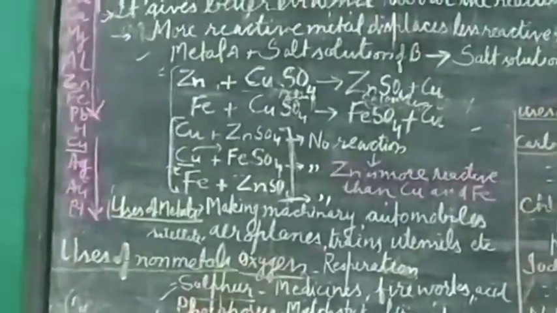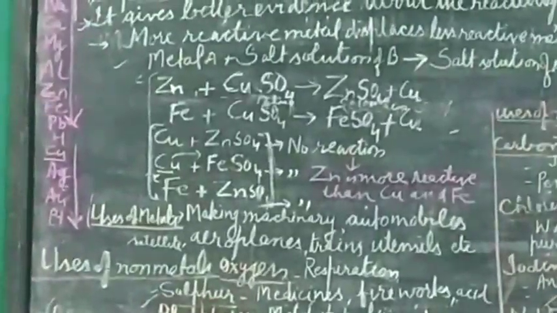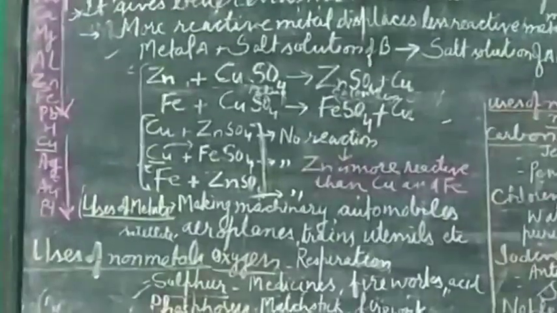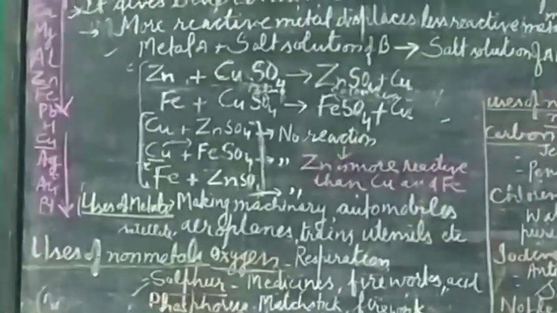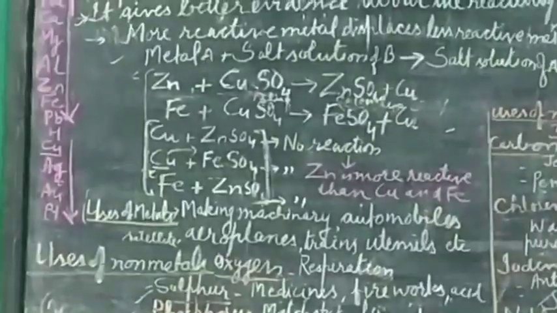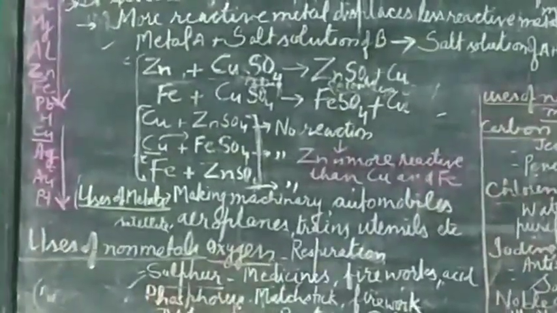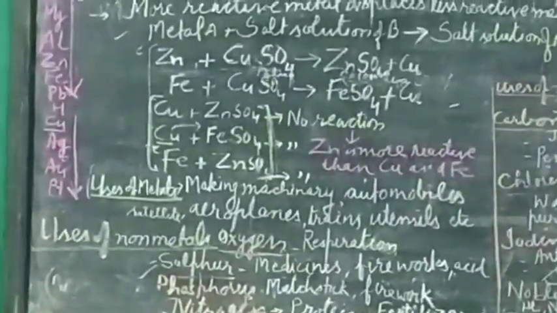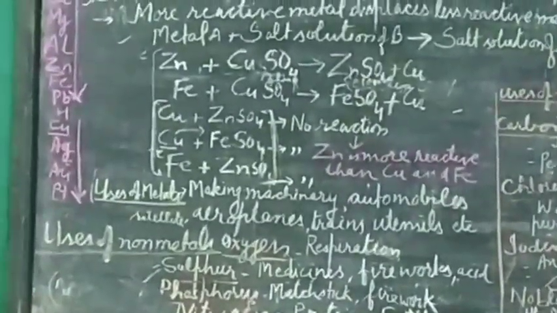Like magnesium. We have discussed that magnesium is used in fireworks as it burns with a dazzling white light. Mercury, which I just discussed, is used in thermometers as it is a good conductor of heat and does not stick to the glass. Now aluminium foil.